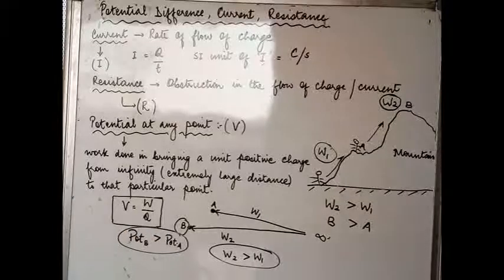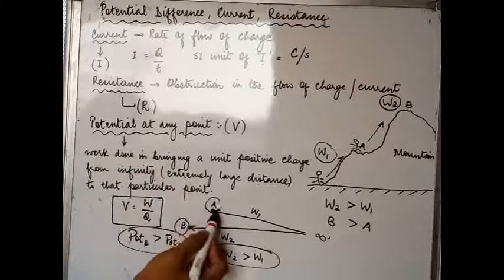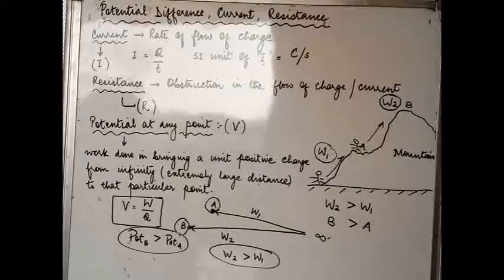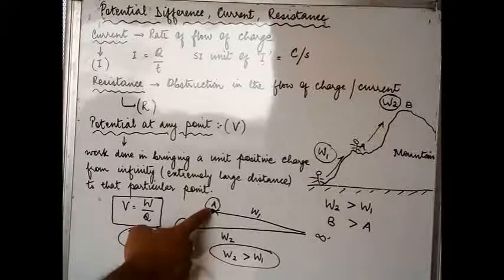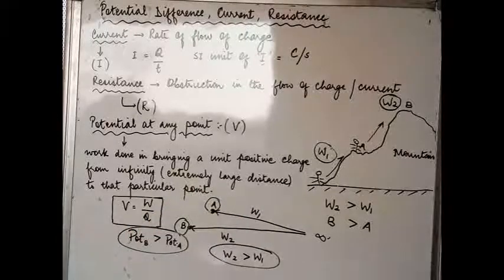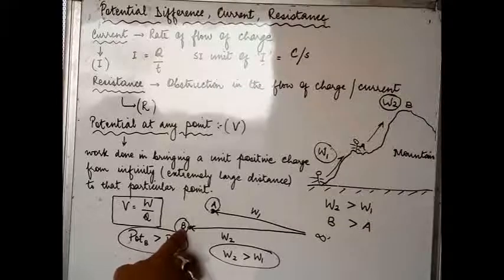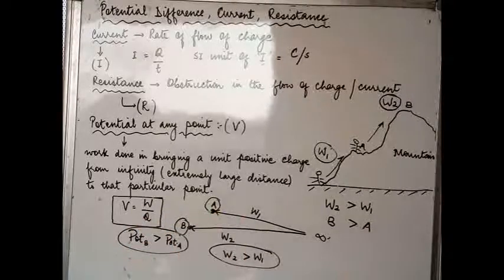So this is what we have to understand, okay. In order to understand potential difference, we must first be able to understand the word potential itself at one given point, okay. So at this particular point, potential is, let's say, 15 volts. At point B, the potential is 20 volts, so there is a difference in the potential.